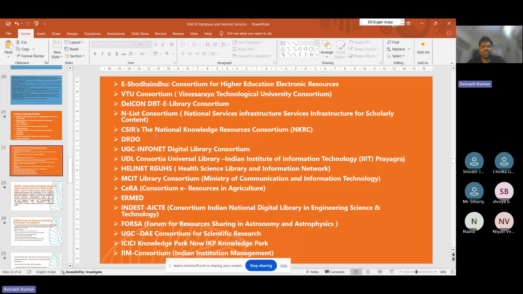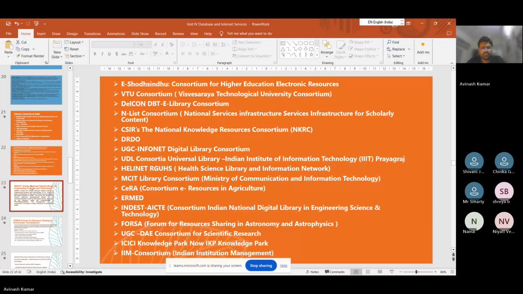Next are the VTU Consortium, Visvesvaraya Technological University Consortium, DELCON, DBT E-Library Consortium, ENLIST Consortium, CSIR Consortium, DRDO Consortium and UGC Infonet. All of these are examples of national level consortia. It means they work for India, and we are Indian, so we can find the national level consortium.